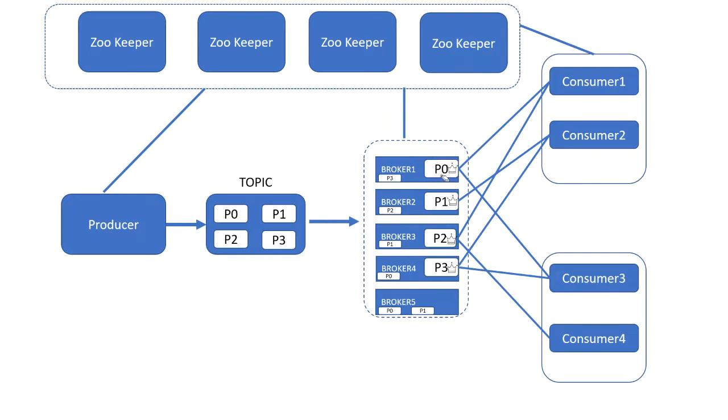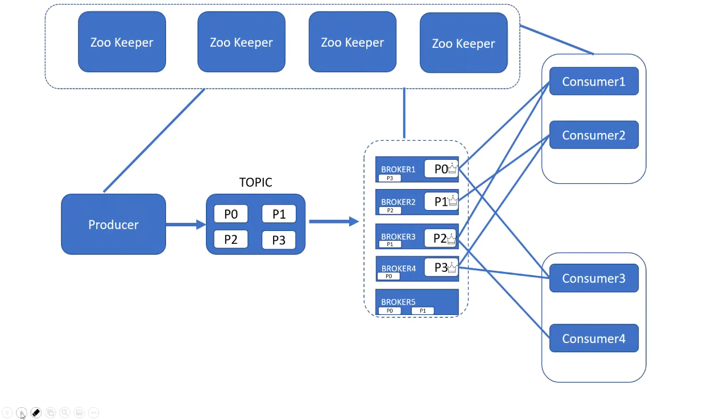But if this leader goes down, then an election happens and broker 4 will become the leader for the P0 partition. So by this we have the replication factor. You can replicate and you can select a partition leader. That is one more topic which I wanted to tell you guys.